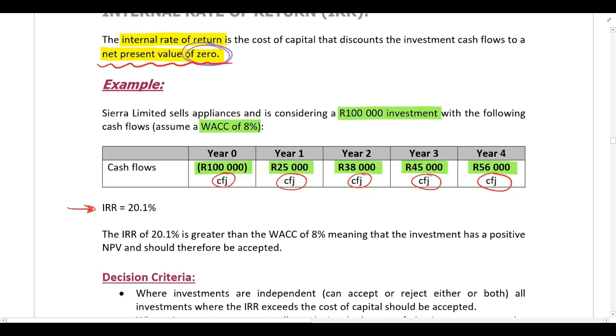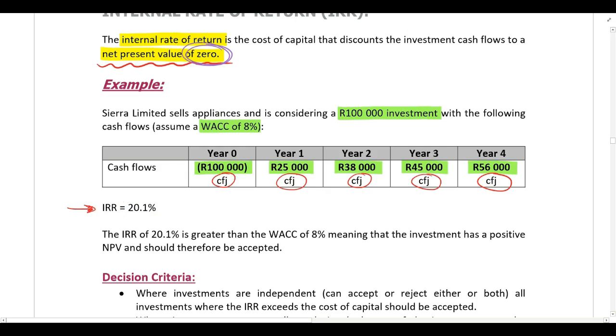So if you had to input all of these cash flows into your calculator and you used a rate of 20.1%, you put that in as I, and you solve for your net present value, you are going to get an answer of 0. So that's very important to note. The internal rate of return is just the point where your net present value is 0.